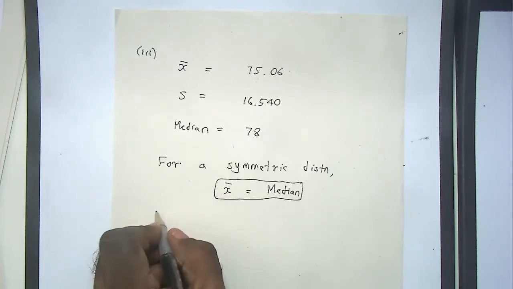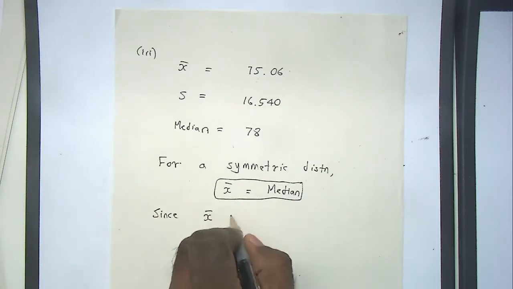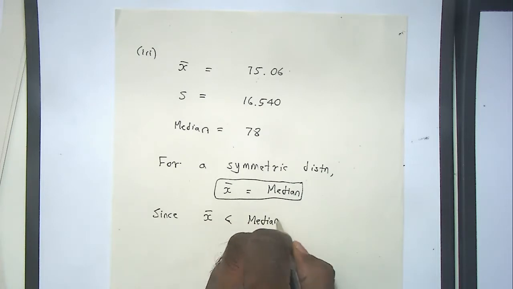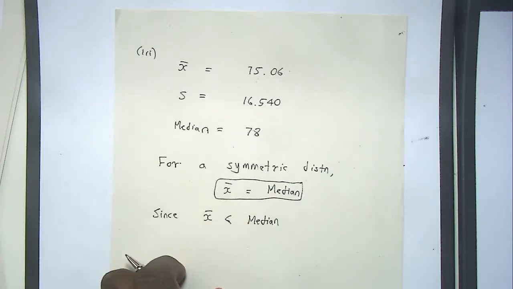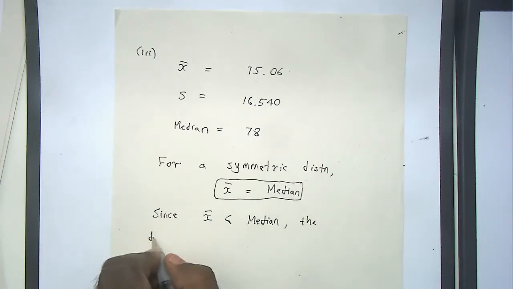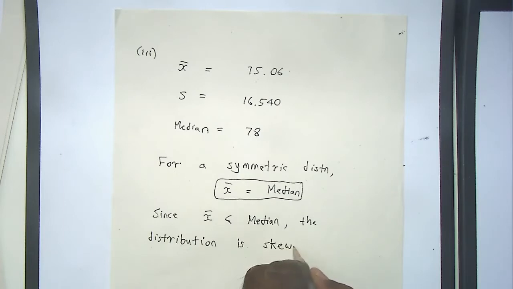Now, in this case the sample mean is less than the median, so the distribution is skewed.